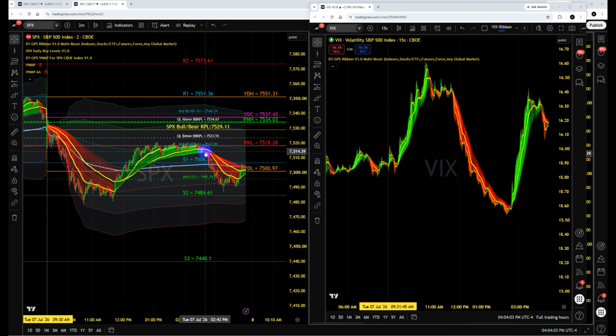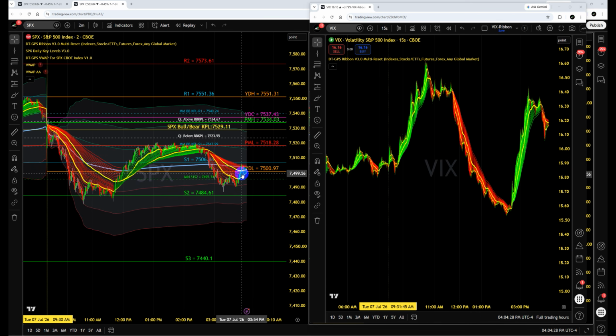Right here you have 2:40 p.m. and beyond. You see this spike up here, 2:40, and then we get this move down here, coinciding with the blast off in the VIX here, on the ribbon turning green and going up.